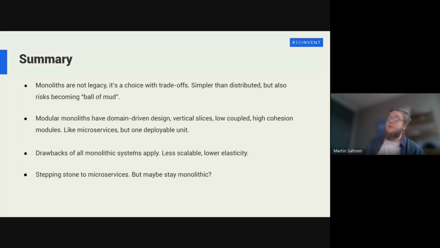And as a stepping stone to microservices, it's a natural stepping stone between the monolithic ball of mud and a nicely separated distributed system. You do a lot of the hard code stuff first, and then you can talk about the microservices.